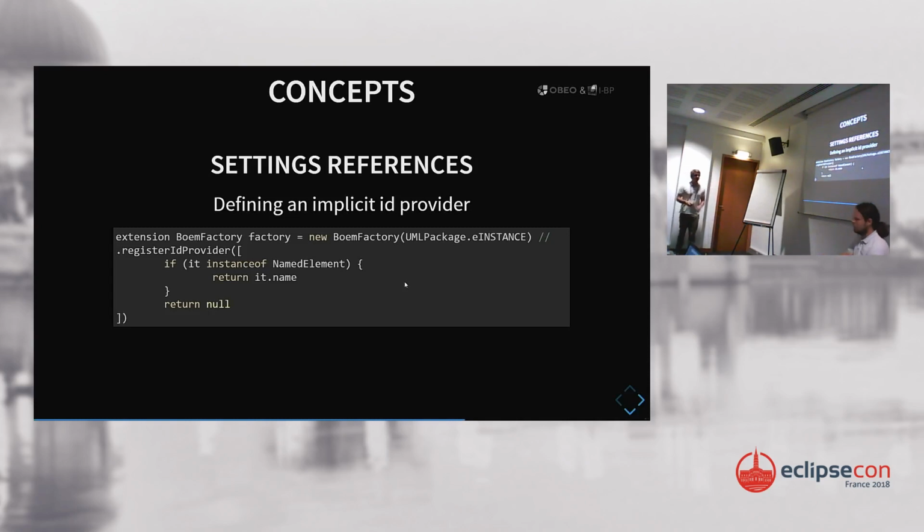So you can register in your BOEM factory an ID provider. This ID provider will define, for each element which has a name, that the default ID for this element is its name. And if you don't have any rules, return null, and say, okay, it doesn't have any ID. It can be overridden by the previous mechanism to specify implicit IDs, but you can still use this one.